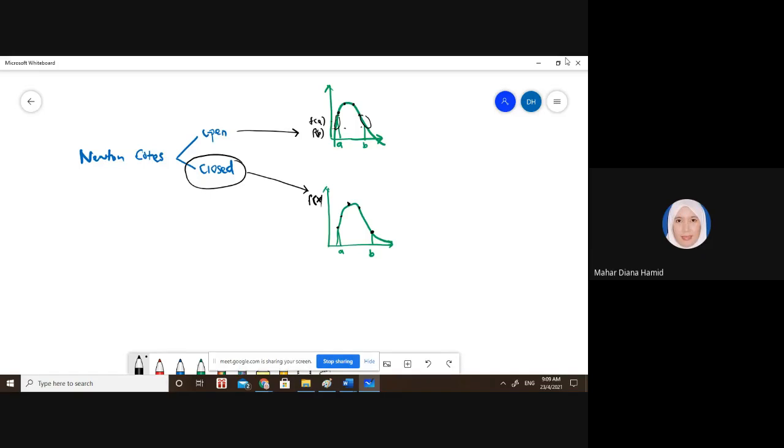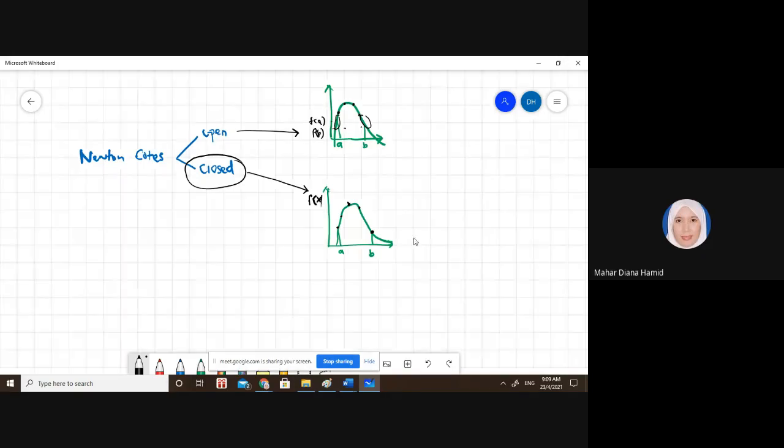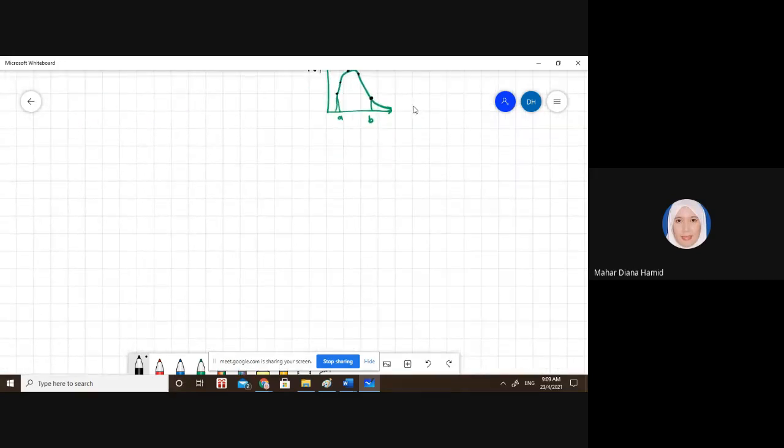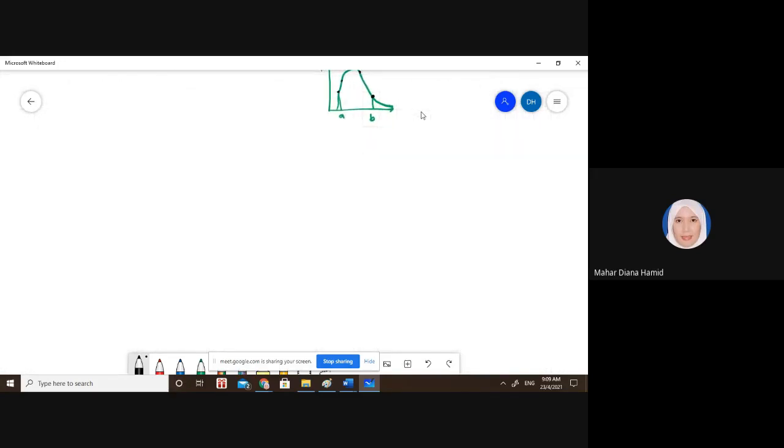There are several methods that we can use. However, the first and most basic one that we are going to use would be the trapezoidal rule. So this would be our most basic Newton-Cotes integration method.